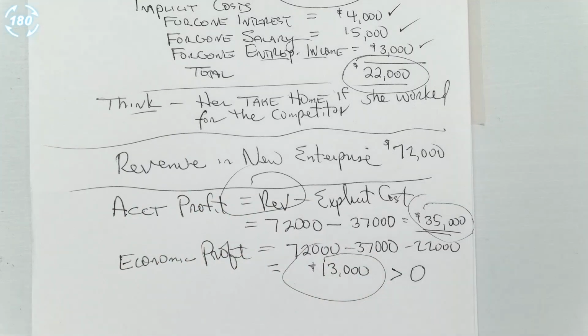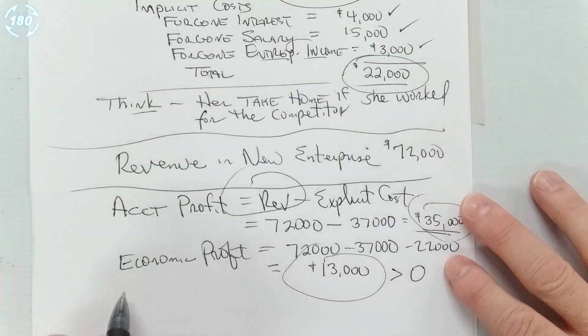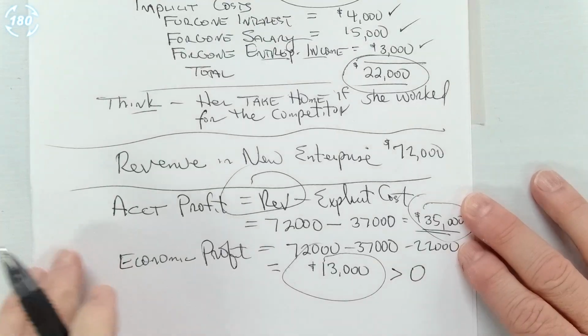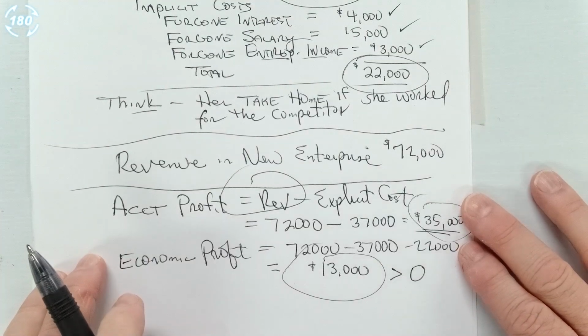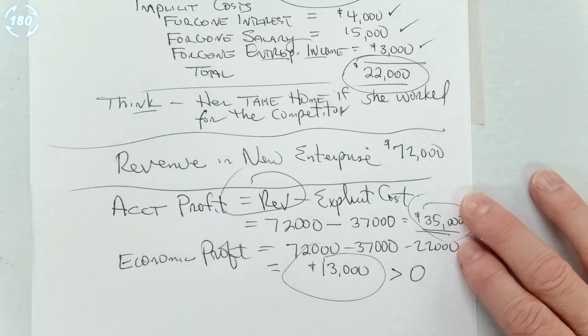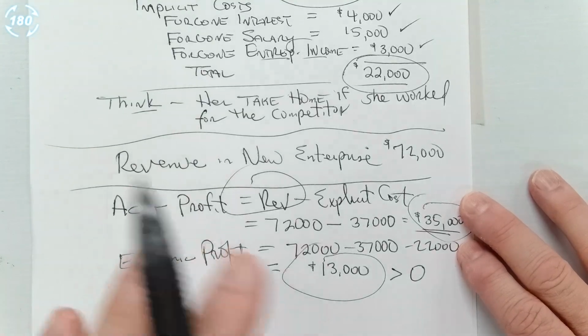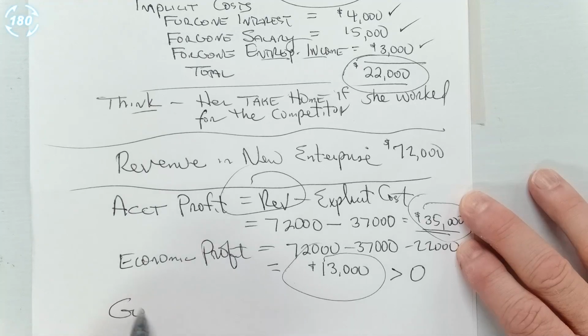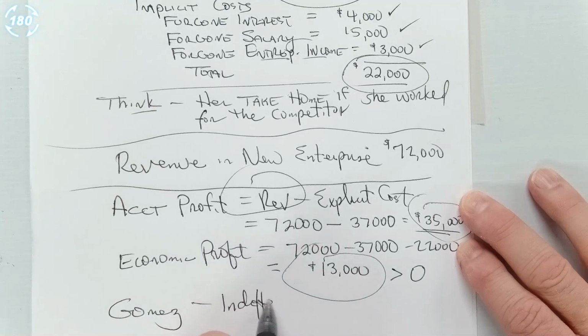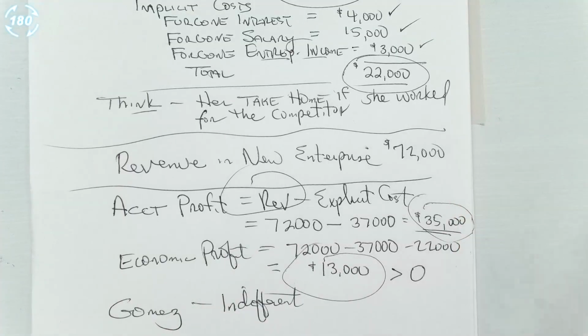All right, so let's think about Gomez, someone with Gomez's talent. Gomez would be indifferent between working for the competitor, and we're speaking purely in economic terms here.